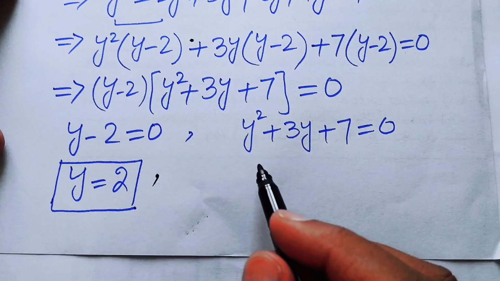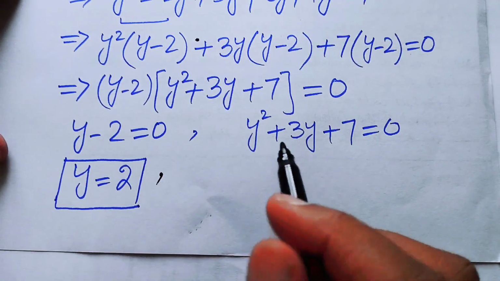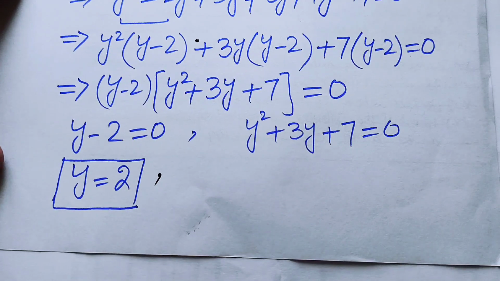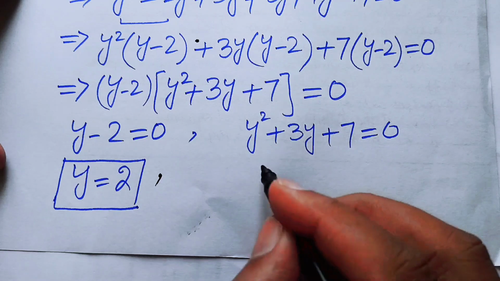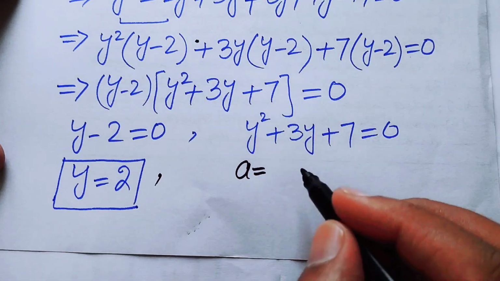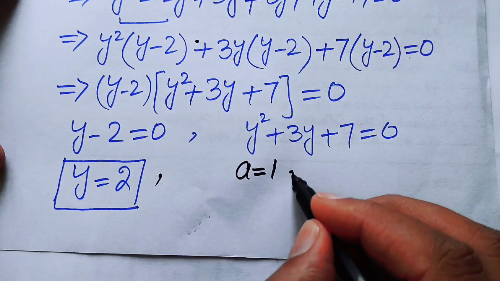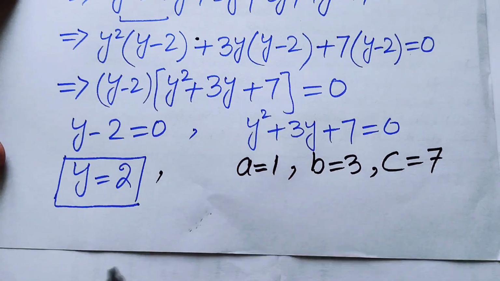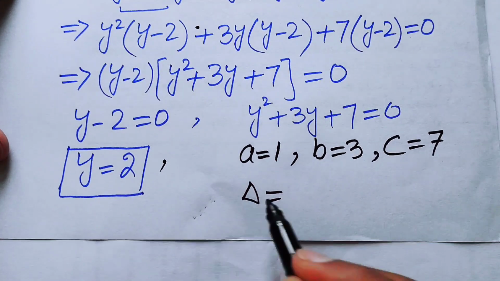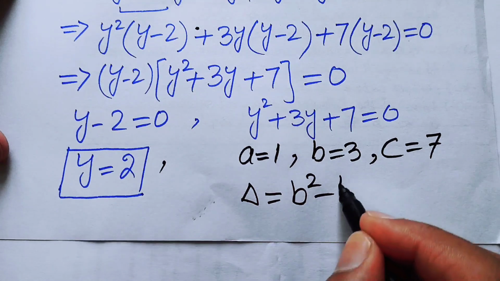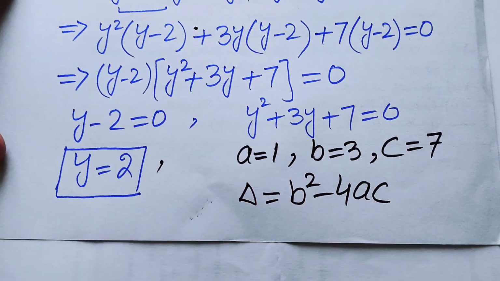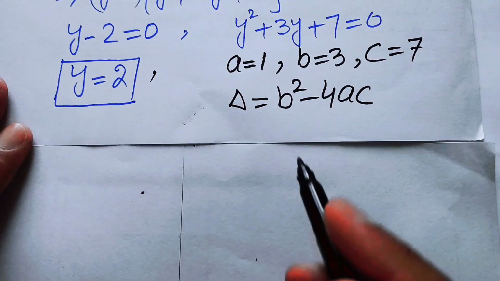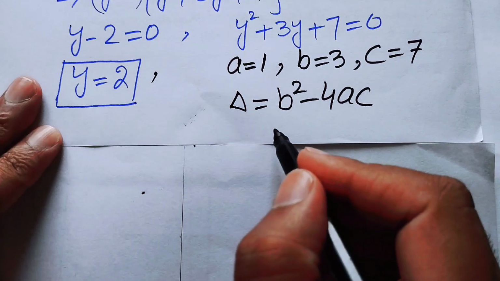In the second case, first I can check whether this quadratic equation has real roots or not, because in this question we need only real roots. I can check this by using the discriminant formula. Here we have a is equal to 1, b is equal to 3, and c is equal to 7, and our discriminant formula is delta is equal to b squared minus 4ac. Now we put all the values of a, b and c in this delta and check the behavior of delta.